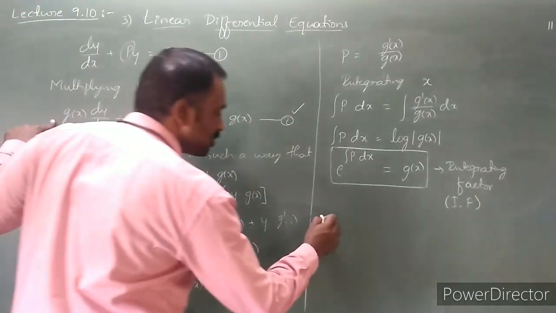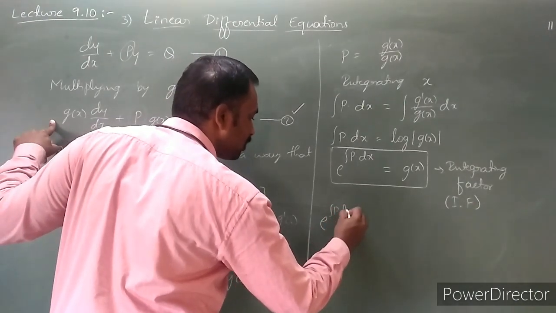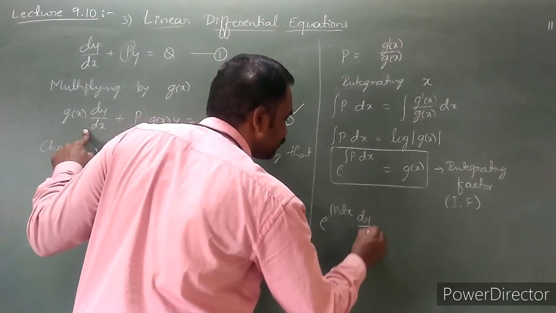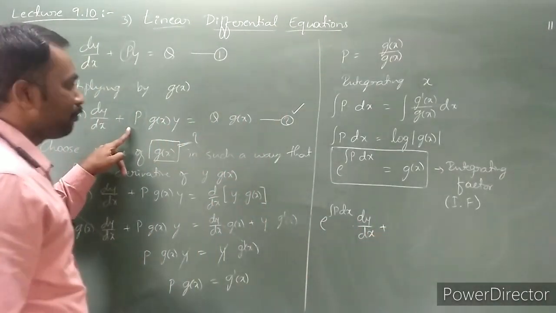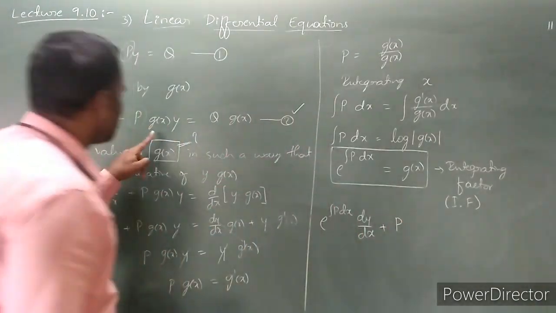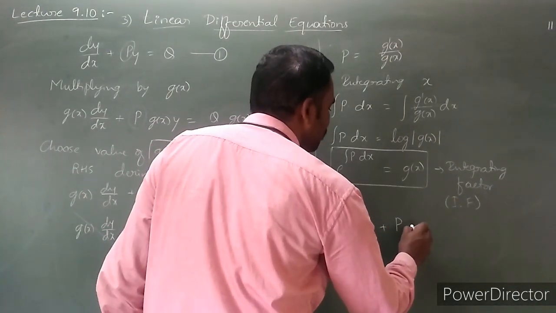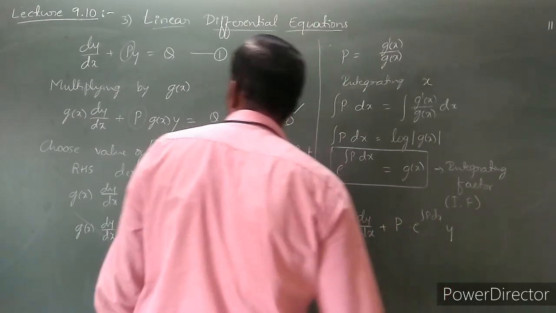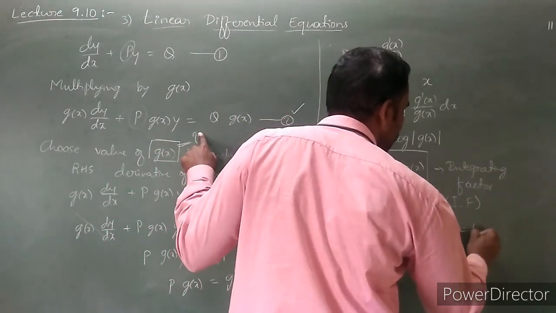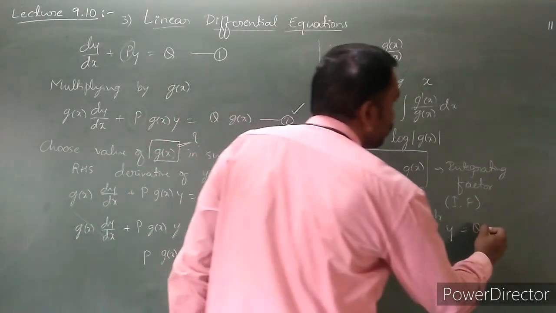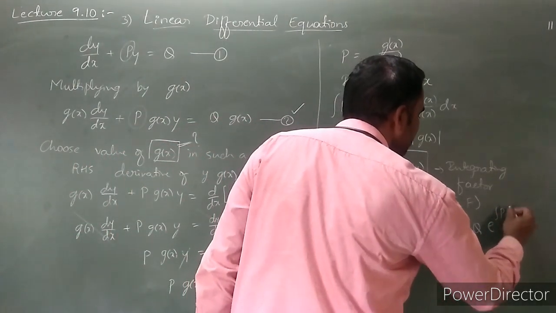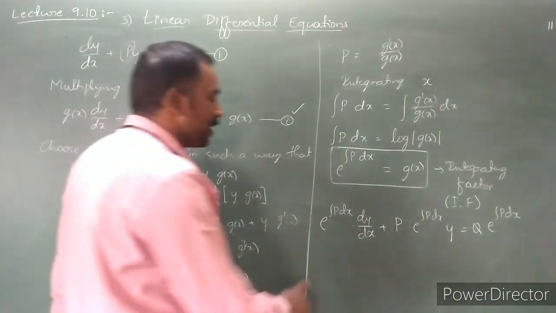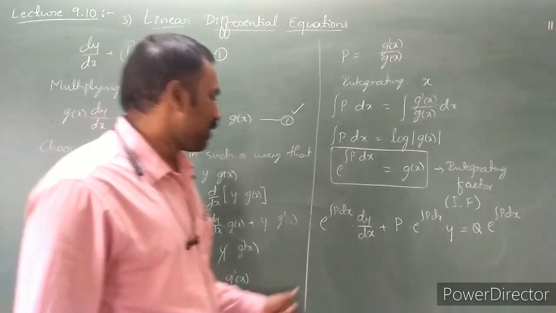The g of x value is e power integration of p into dx, into dy by dx, plus p into the g of x value, p into e power integration of p into dx, into y, is equal to q into the g of x value, which is into e power integration of p into dx. Are you sure?